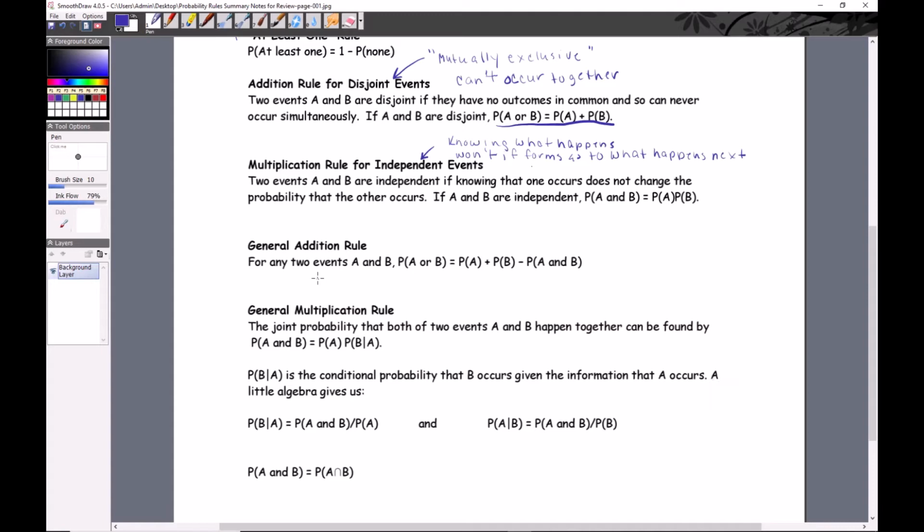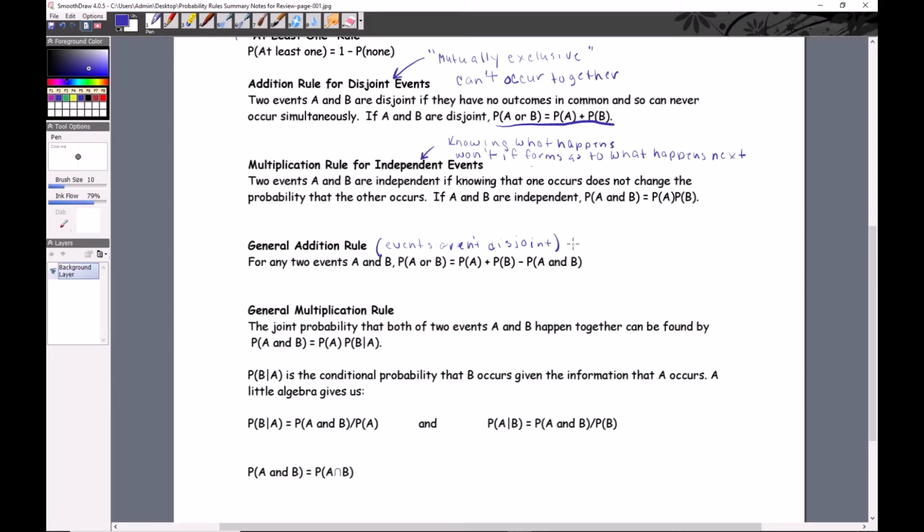All right? In your general addition rule, your events will not be disjoint. So basically, events aren't disjoint. And so you have a formula here. The probability of A or B is the same as it was up there for the addition rule, but minus the joint probability. Now this is general because it does work for disjoint events also.